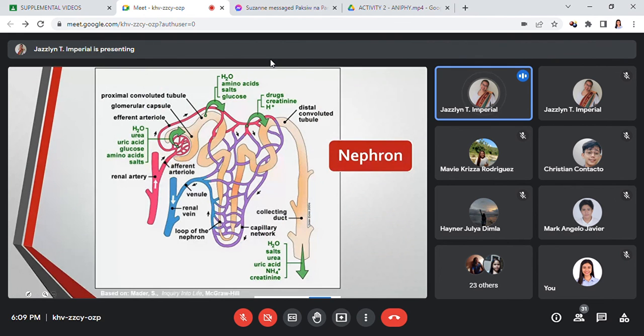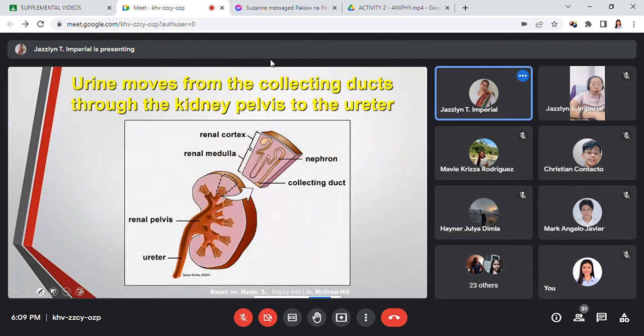Okay? So, here, once po nag-exit na yung urine from the collecting duct, it will now move to the pelvis and then out of the ureter. So that's very simple lang. Okay?